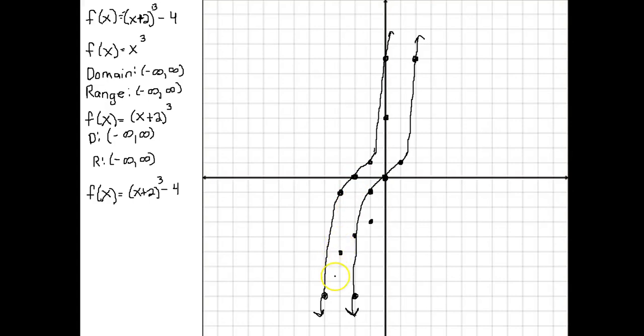So then that final graph, I can see it on your video screen, but if you download the slides, you'll see it on there. That final graph looks like this. It's a little sloppy, sorry. Notice still domain is negative infinity to infinity. Range is still negative infinity to infinity.